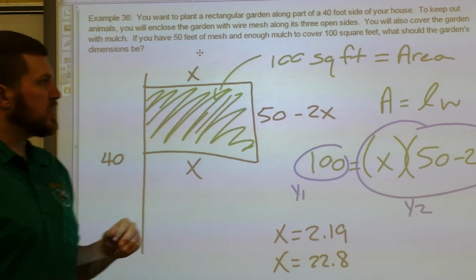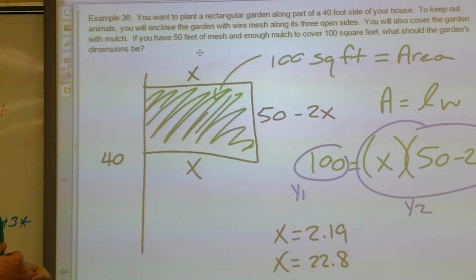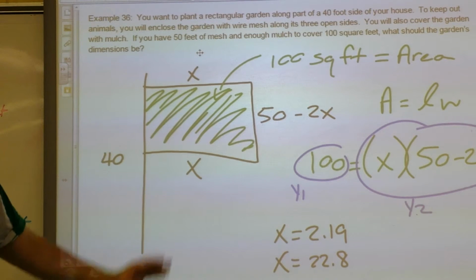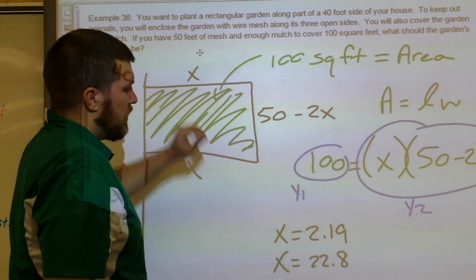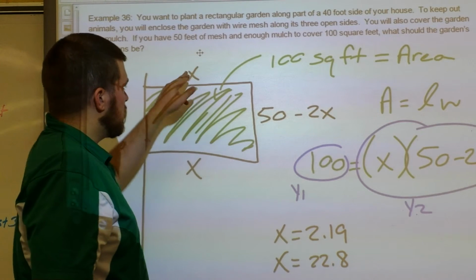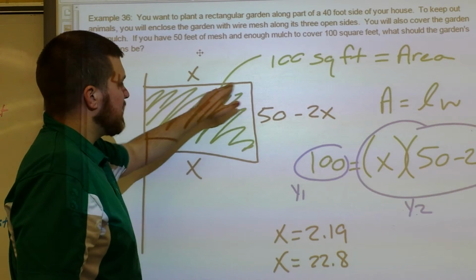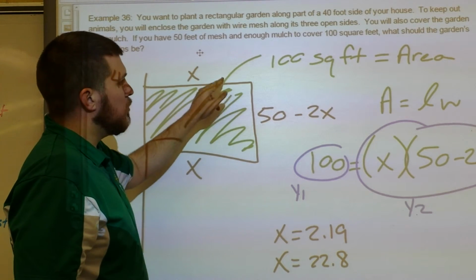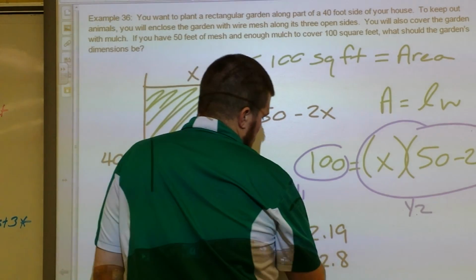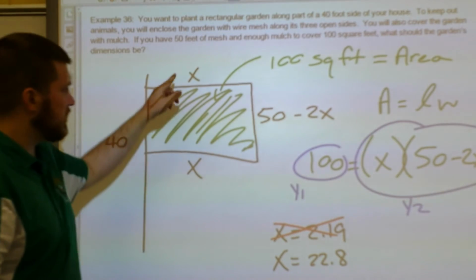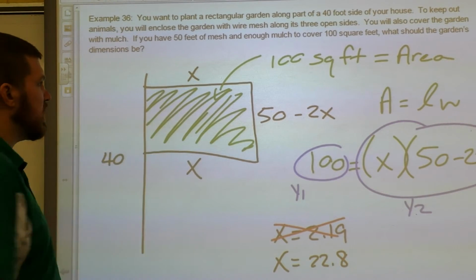What I want to do is figure out what the garden's dimensions should be. I want to figure out what value of x is going to give me the best dimensions. So think about what makes more sense. If I plug in 2.19 here, that means that this side of the fence is only 2.19 feet. It doesn't make a lot of sense. So instead, it makes more sense for this side to be 22.8 feet.